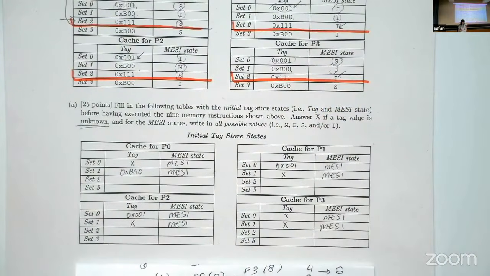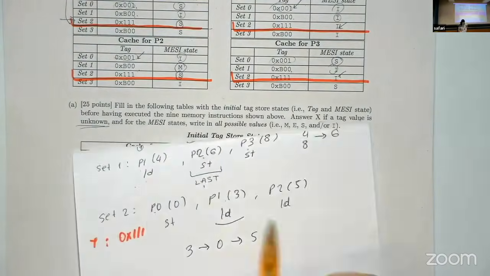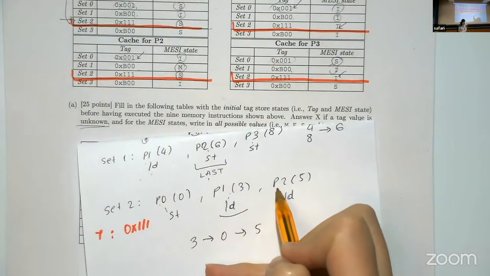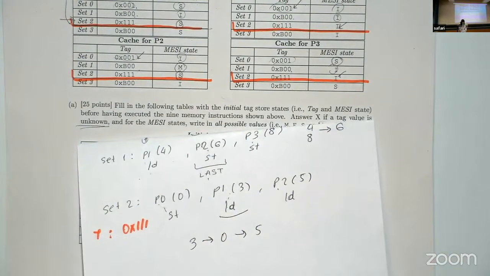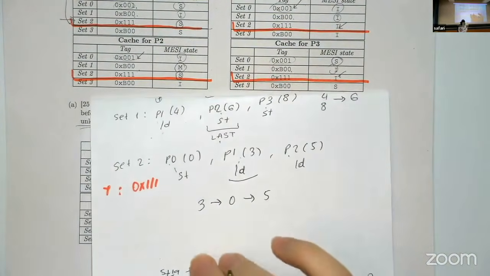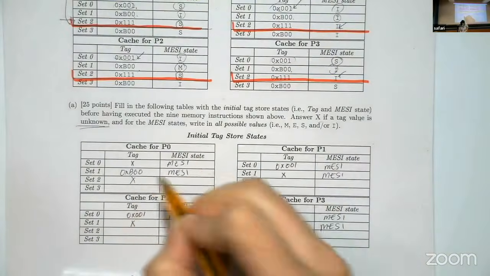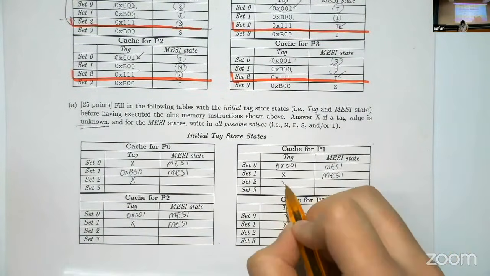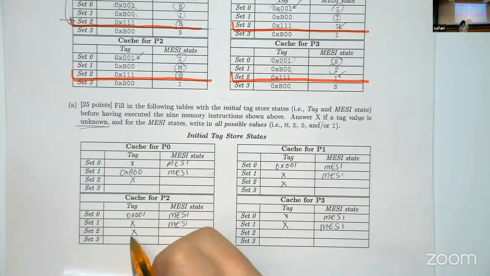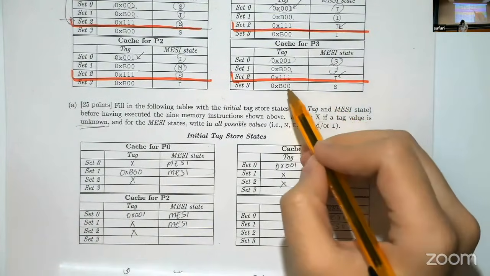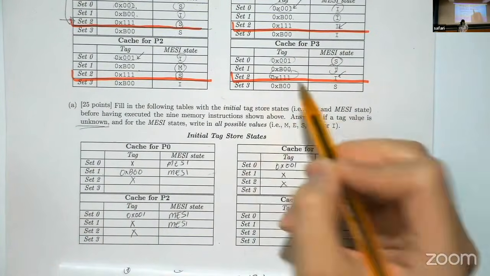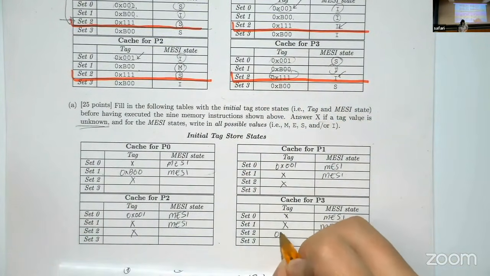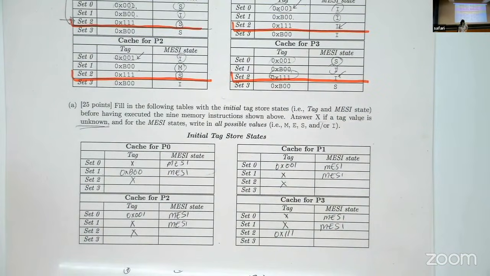P0, P1, and P2 brought that cache block, so we don't know their tags, and it will be again X for these. But for P3, we actually didn't do anything in that processor, and the tag was already here. So it should be in the initial state as well.